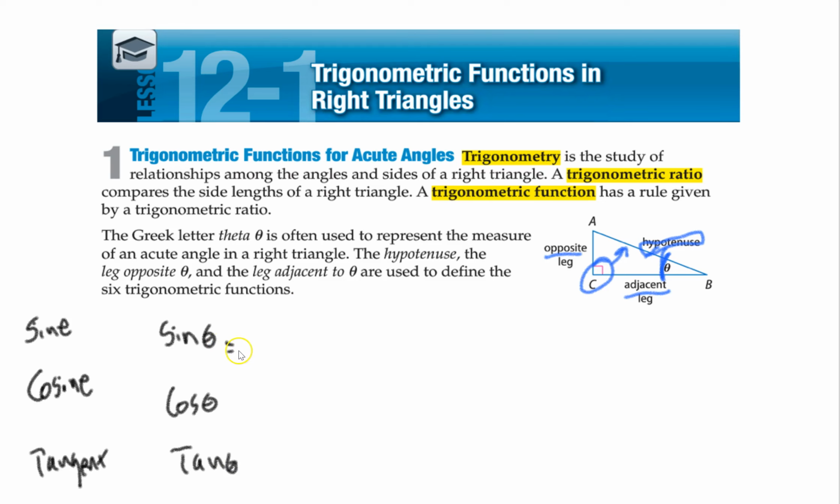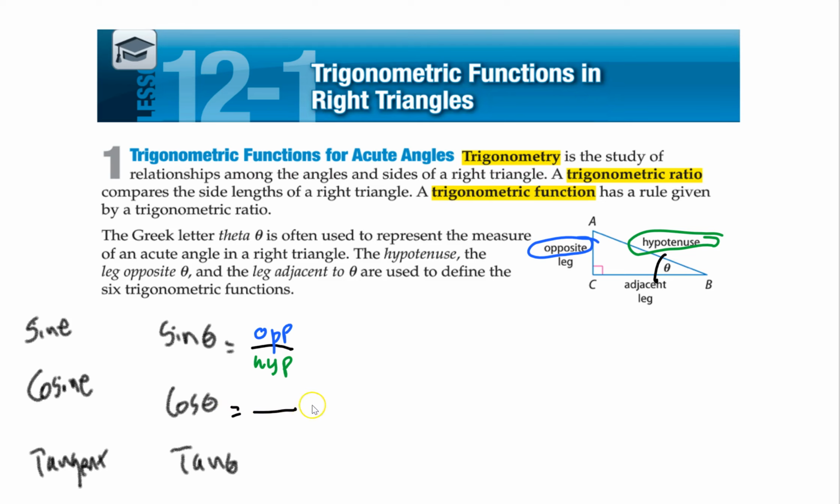Now sine, let me erase this and rewrite it real quick. Sine is known as the opposite over the hypotenuse. Here's my angle. Sine is the opposite side, right here, over the hypotenuse side, right here. Cosine is the next one.